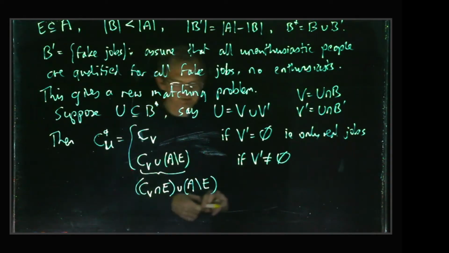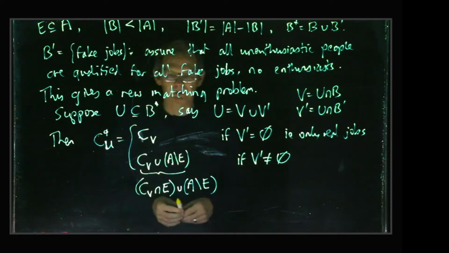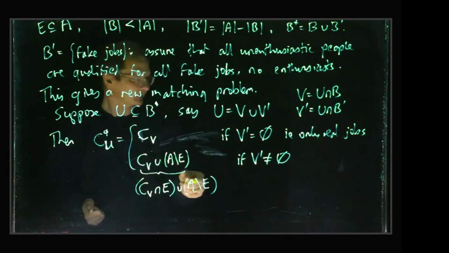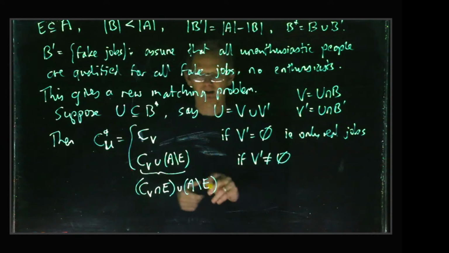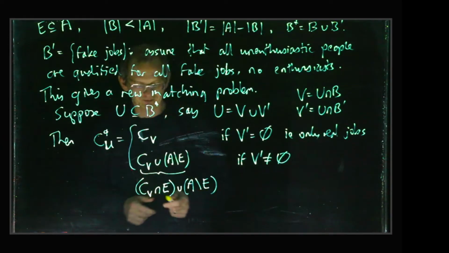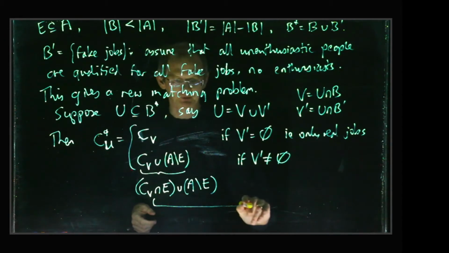Okay. So why is this? Here we take all possible candidates for V together with the unenthusiastic people. But we can just restrict attention to the enthusiastic candidates, because the unenthusiastic candidates already appear in A less E, so we don't need to mention them separately. And the point is that this allows us to talk about the size of this set, because these two sets here are disjoint.